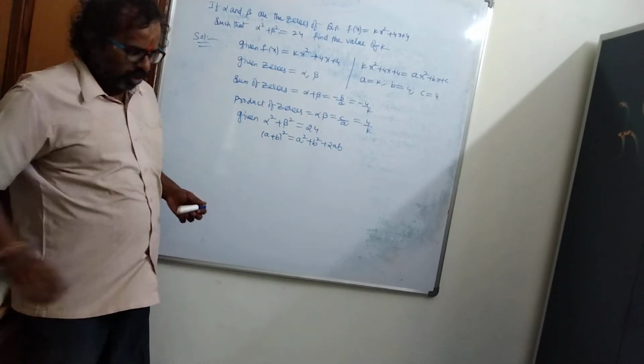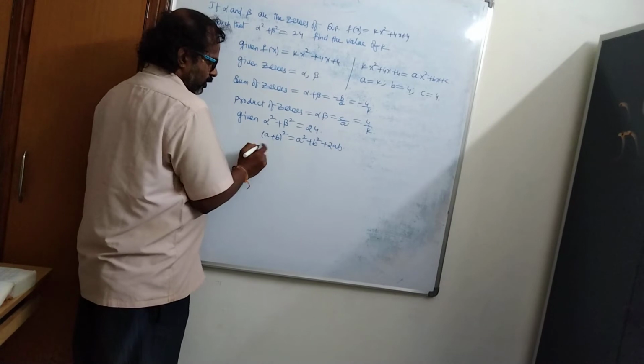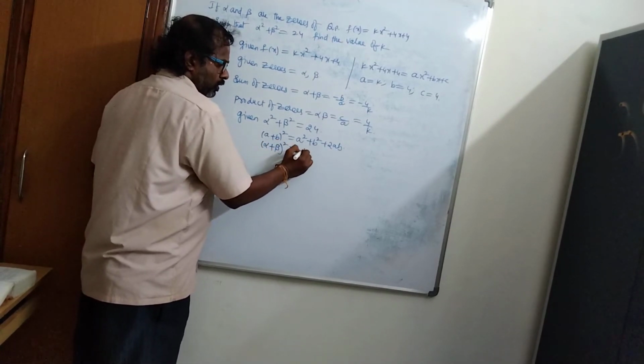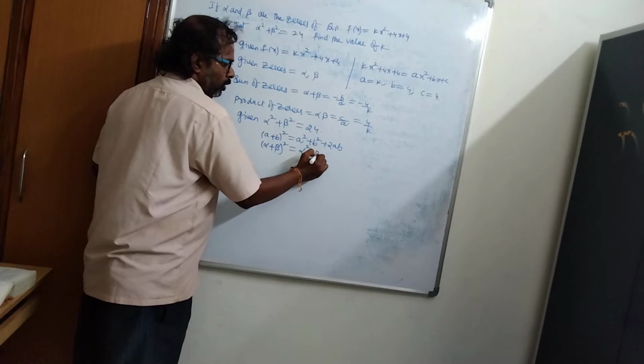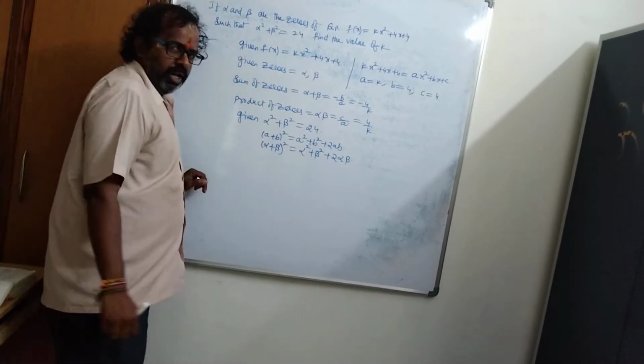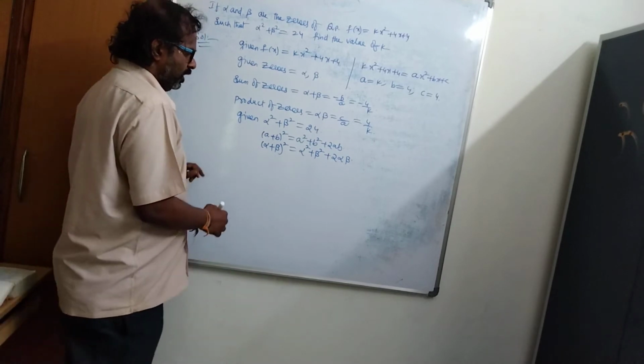So (a + b)², that is (alpha + beta)², is equal to alpha² + beta² + 2 alpha beta.